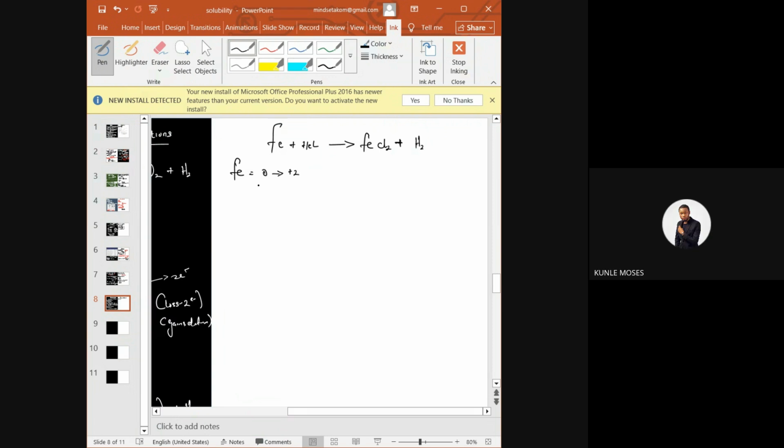How about hydrogen in hydrochloric acid? It is plus 1 to 0. What else? Cl is minus 1 to minus 1, there's no change. Okay, so let's identify the changes.